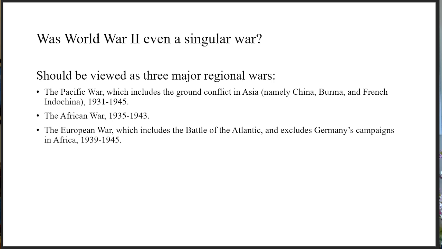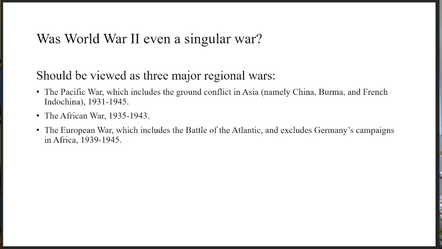Rather than viewing the Second World War as a single war, I now view it as 3 major wars that occurred simultaneously, with differing combat experiences for the men involved and employing different sets of tactics and strategies for the regions in which they were fought. Thus, World War II should be divided into the following three major regional wars.